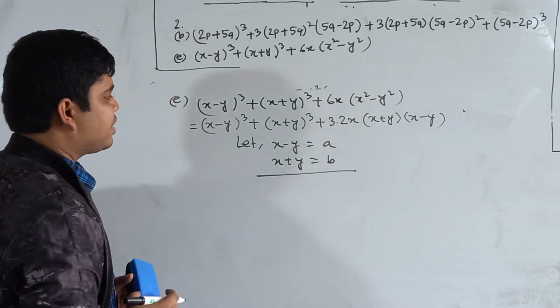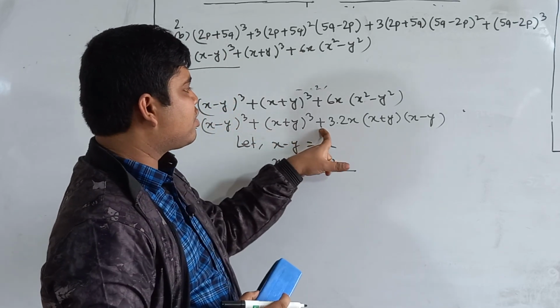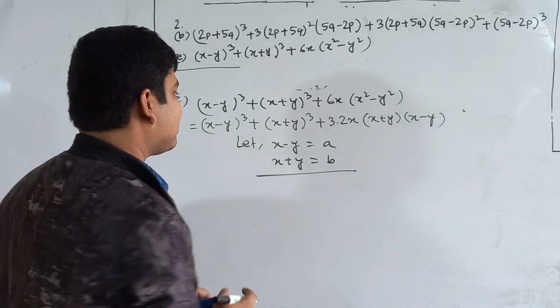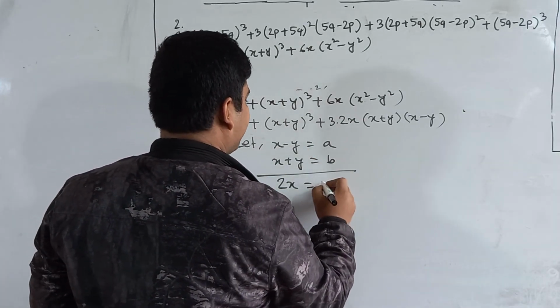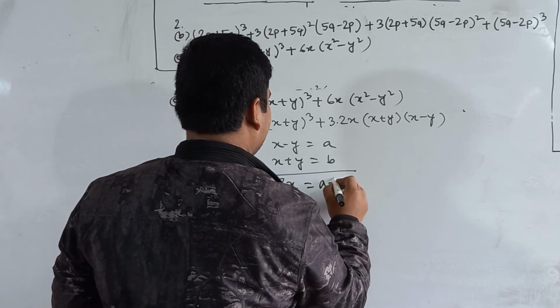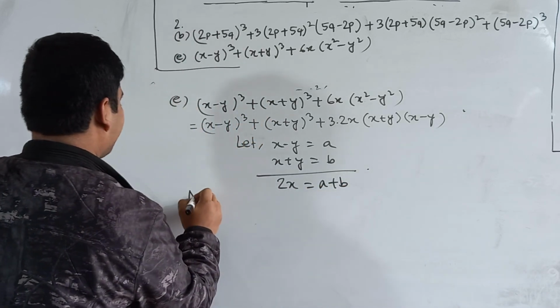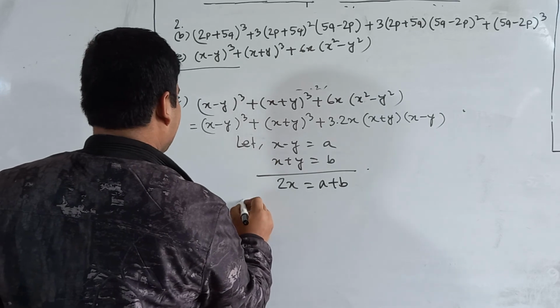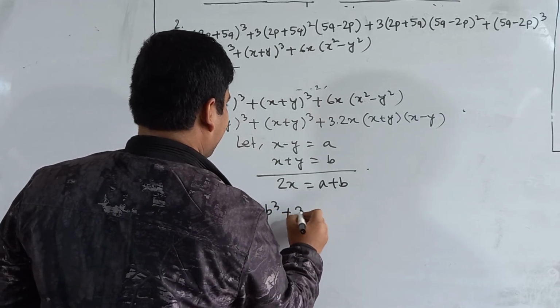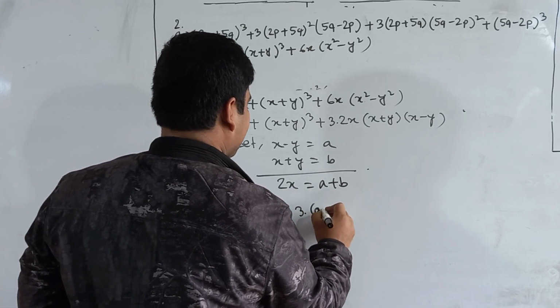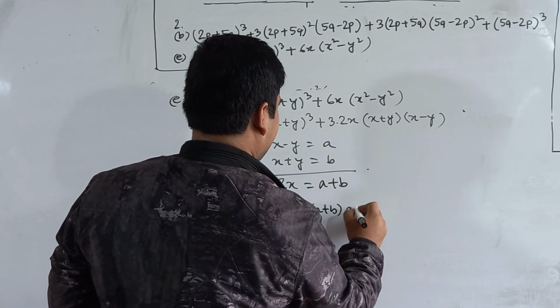Dear student, please notice the plus sign, so we do addition. So y and y cancel and 2x is left, and if we do addition of a and b, we get a + b. Now we can write a³ + b³ + 3 into 2x, meaning a + b, and ab.